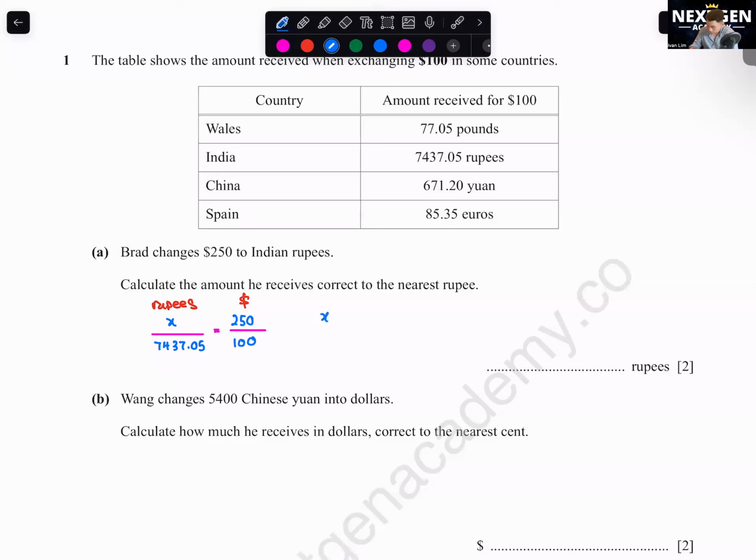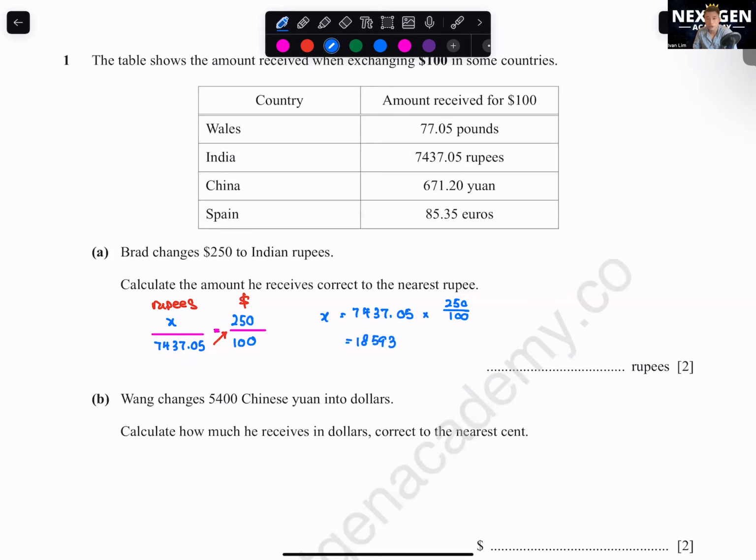So x is equal to 7437.05 multiplied by 250 over 100. Type this in the calculator. You should get 18593.